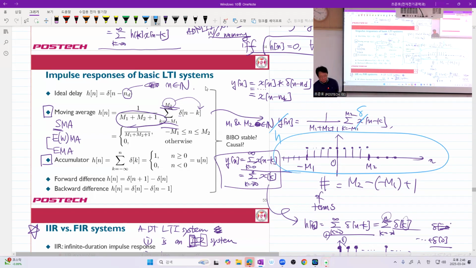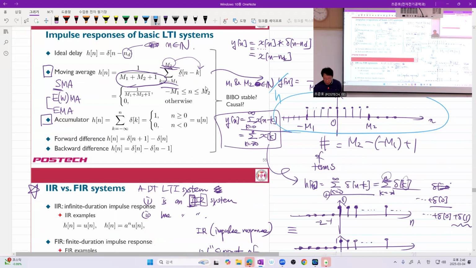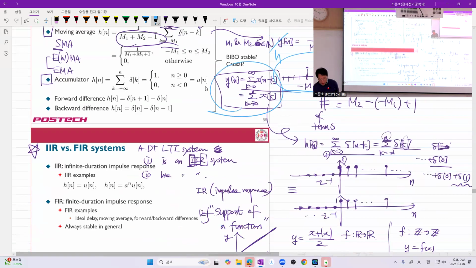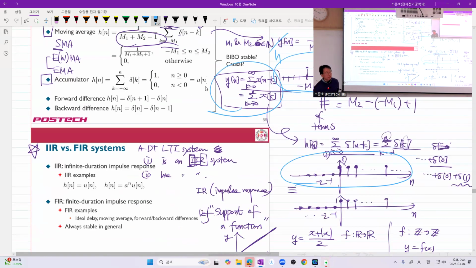So you have that. What about this accumulator? As you see here, what is the support of this function? All non-negative integers. Is this set a finite set or an infinite set? It's an infinite set.